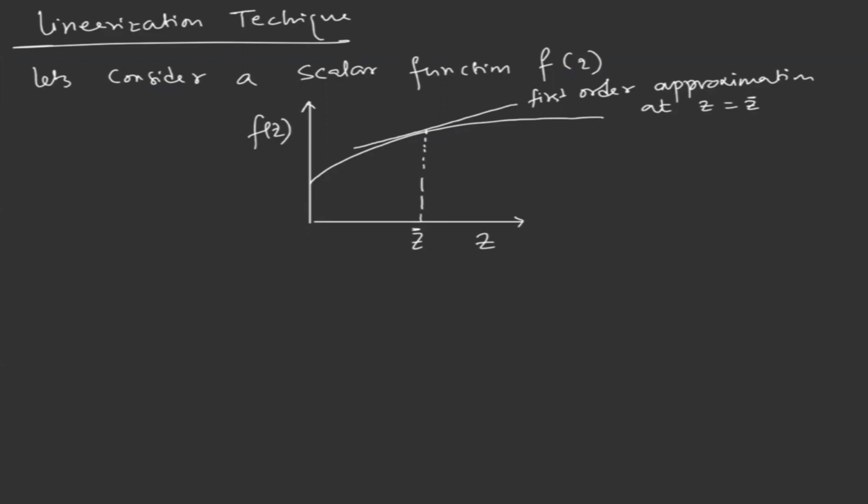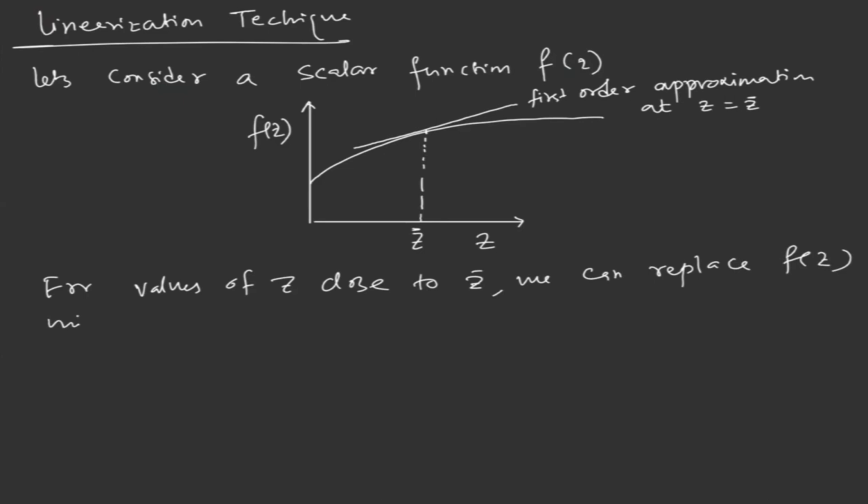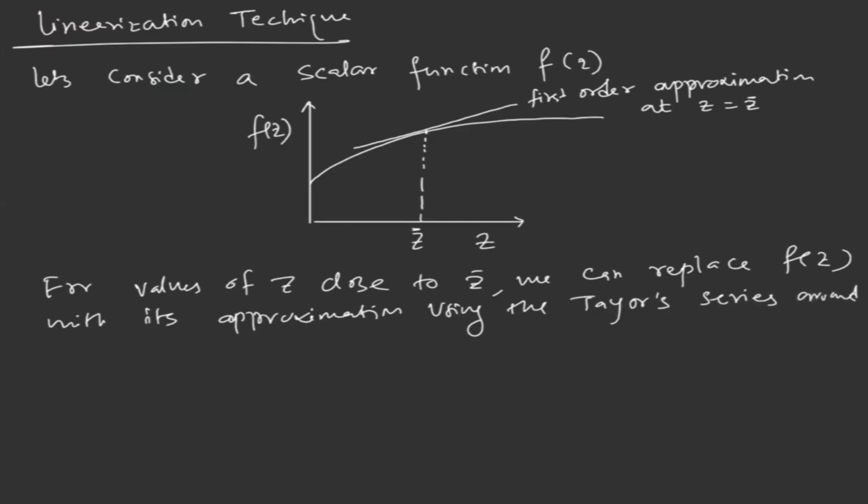Now, for values of z close to z bar, we can replace f(z) with its approximation using the Taylor series around z bar.